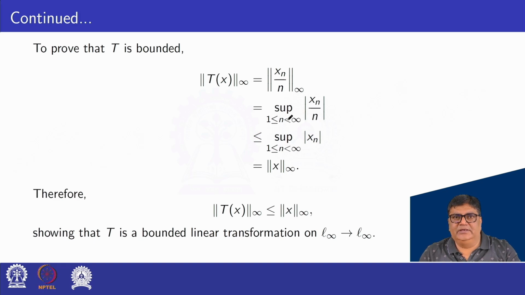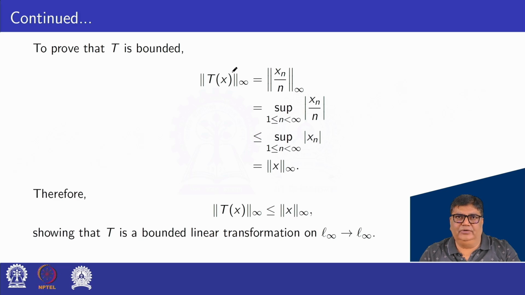Since n is a natural number, this expression is less than or equal to the supremum over n from 1 to infinity of mod xn, which can be written as norm x infinity.